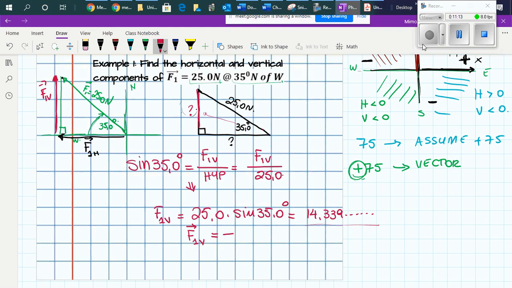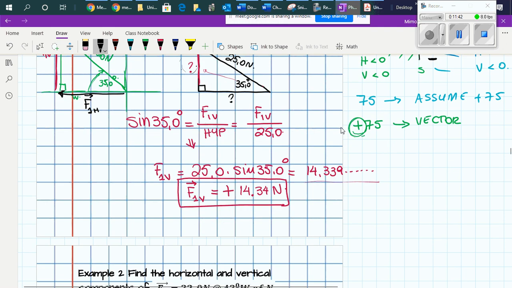And in order to say that we are dealing with a vector, we have to state the positive sign, even though, as I said, in math we don't use it. It is omitted, it is assumed. But in physics, since we are dealing with a vector quantity, in order to show that you are dealing with a vector quantity, you have to state the positive sign.